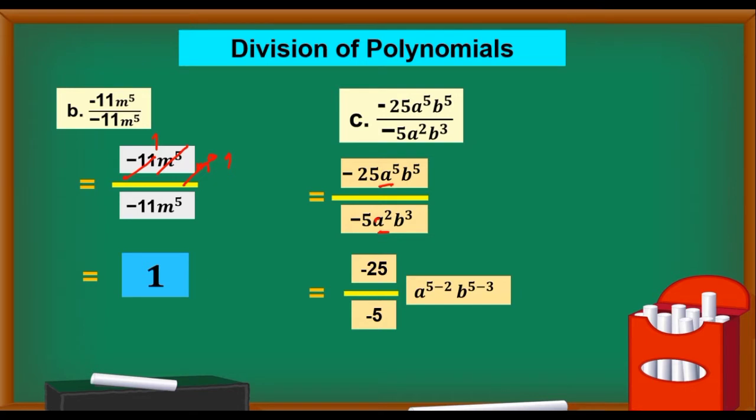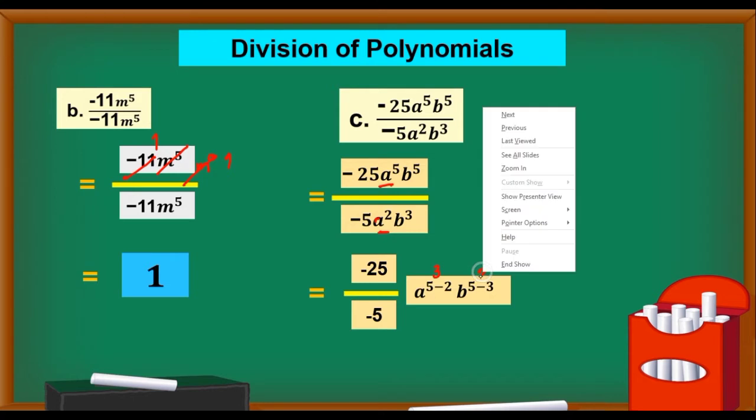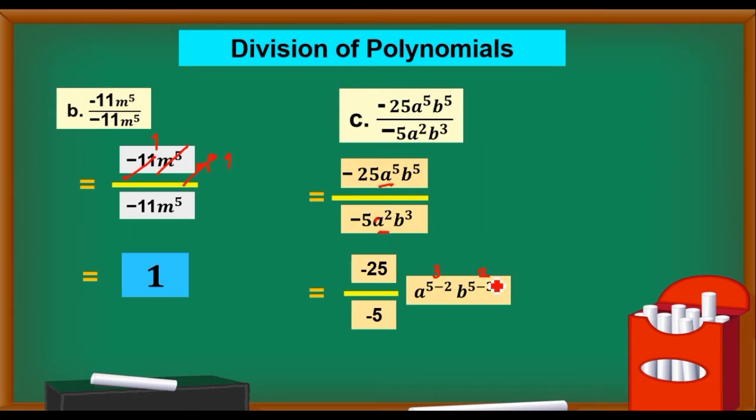And then, a raised to 5 minus 2, ito ay magiging 3. Wait, ayan. This one ay 5 minus 2 is 2. Ayan. So, ang sagot po natin ay positive 5a cubed b squared. So, yan po ang ating monomial by monomial.